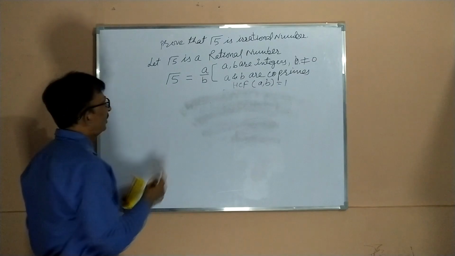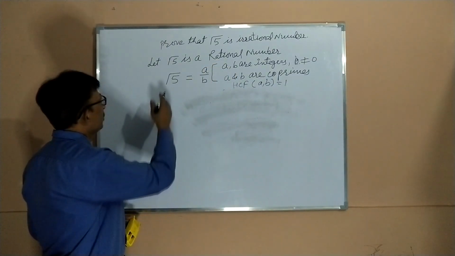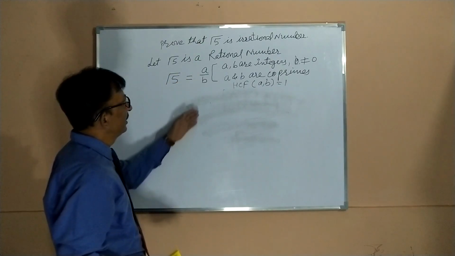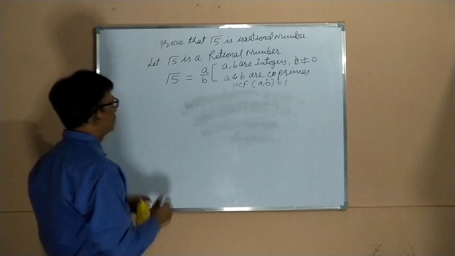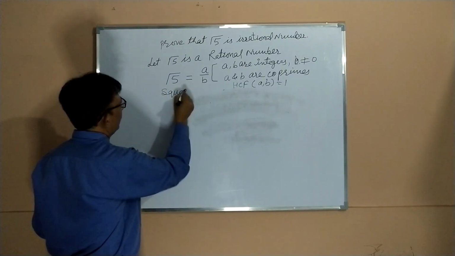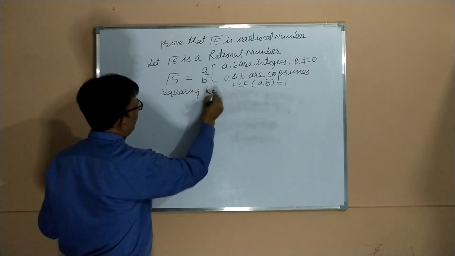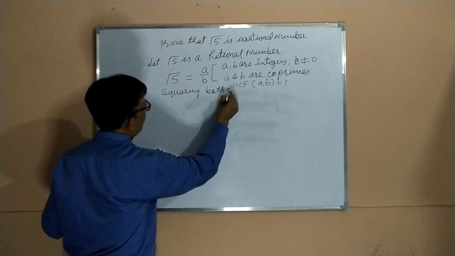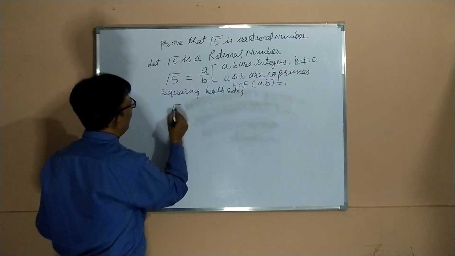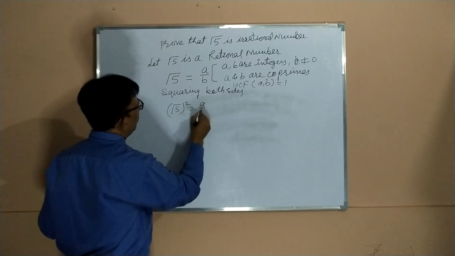Now to prove under root 5 is an irrational number, we suppose under root 5 is a rational number that can be represented as a over b. Squaring both sides, we have under root 5 whole square equal to a upon b whole square.